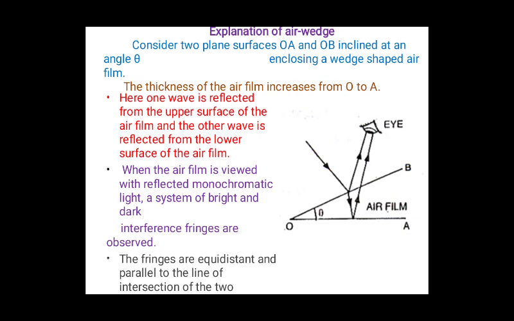These two reflected waves superpose and give rise to an interference pattern. When the air film is viewed with reflected monochromatic light, a system of bright and dark interference fringes is observed. The fringes are equidistant and parallel to the intersection of the two surfaces.